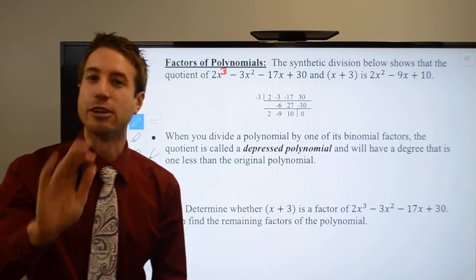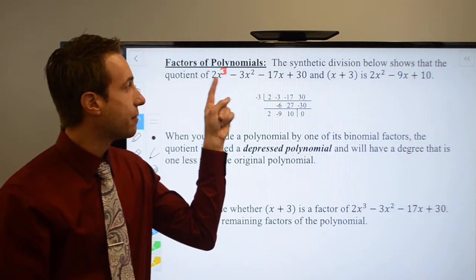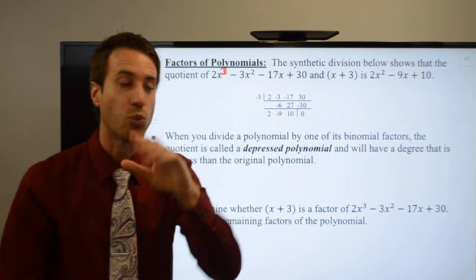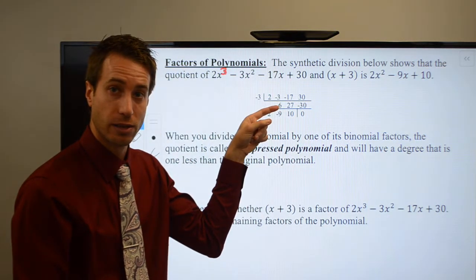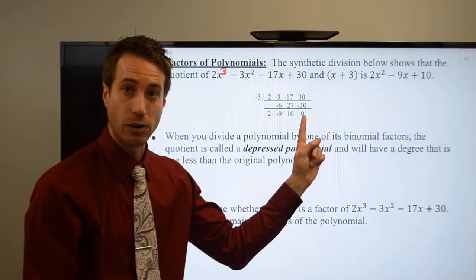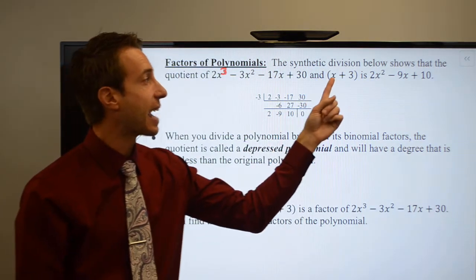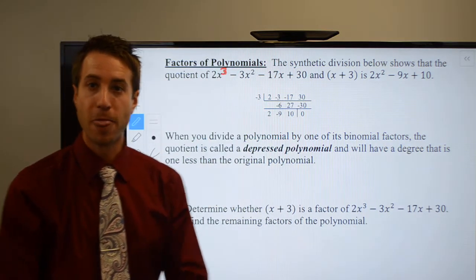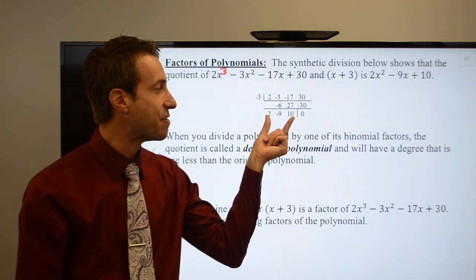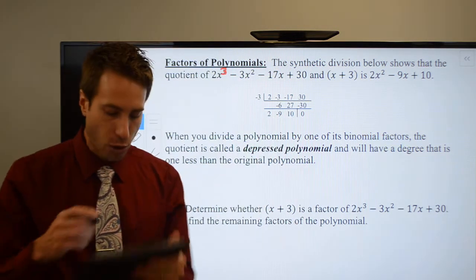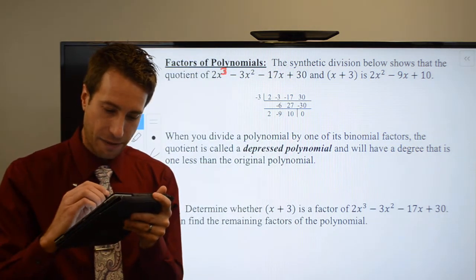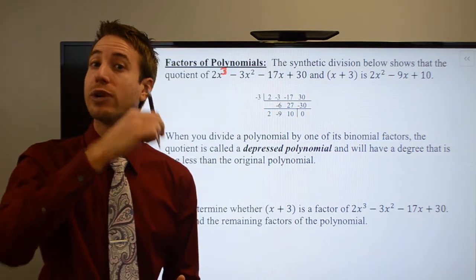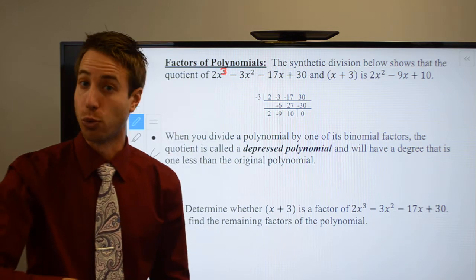Okay, but here's the way this is going to work. I gave you this polynomial and this binomial. We did the synthetic division. We got a remainder of 0, which tells me, hey, x plus 3 is one of the factors for this polynomial. What's left over, I can then use to write my quotient. So here we go. Remember, your quotient is always 1 degree less than the polynomial you were originally given.